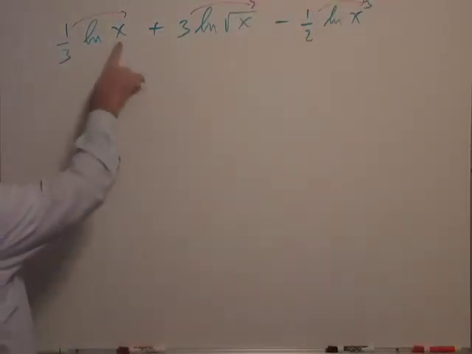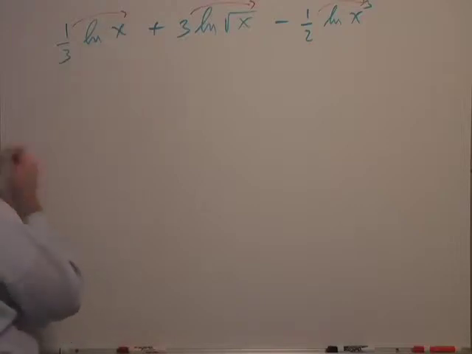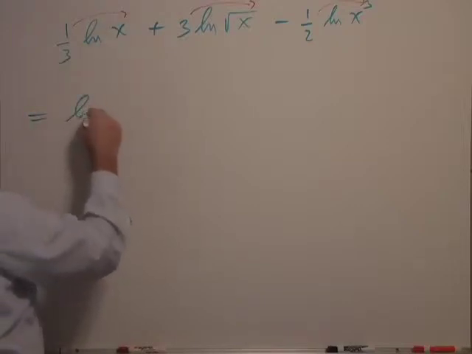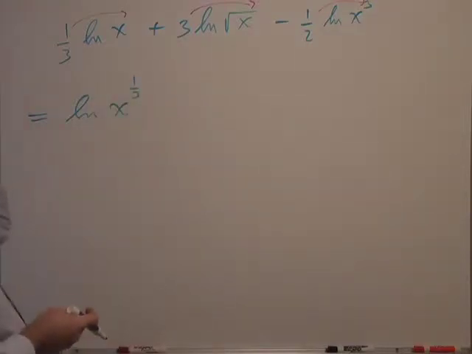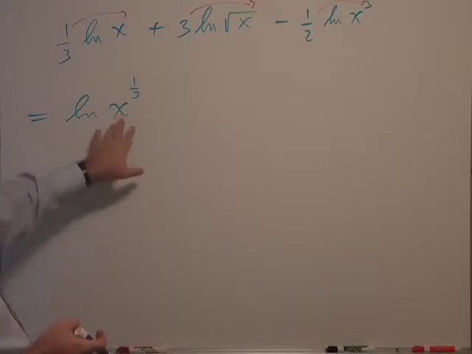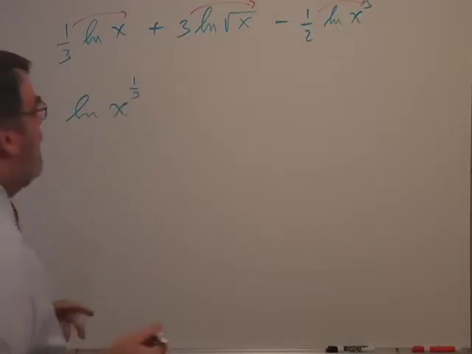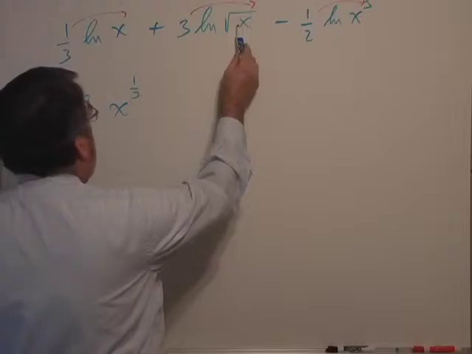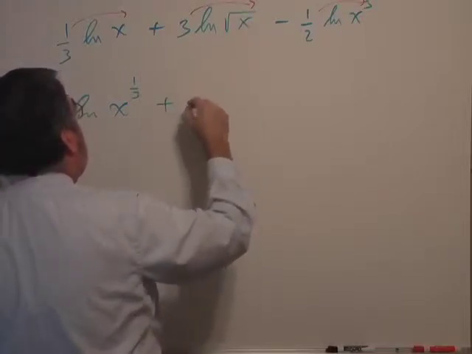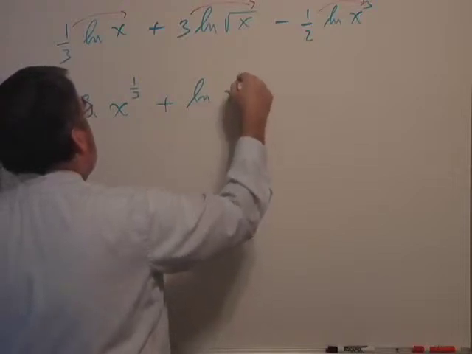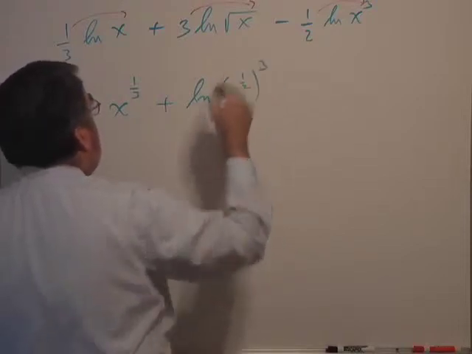So this is going to be natural log of x to the 1/3. You might think of that as a cube root of x, but I'm going to keep it in fraction form here. Now this is going to be natural log of the square root of x to the 3rd power, which I'll think about as the natural log of x to the 1/2 to the 3rd.